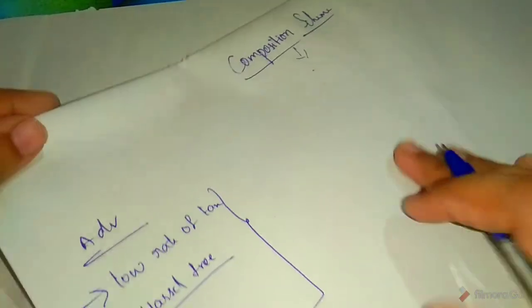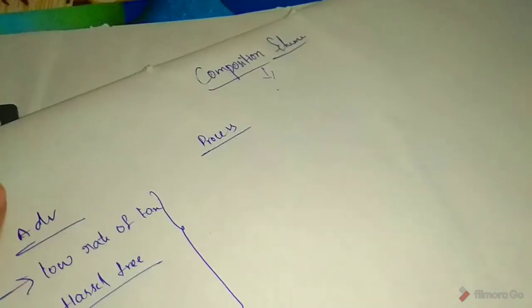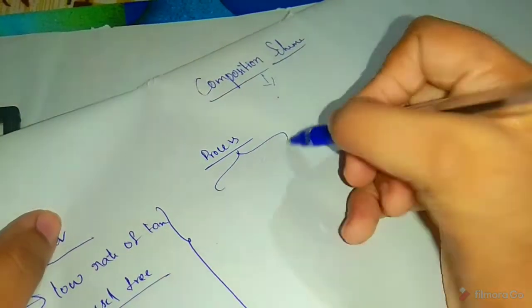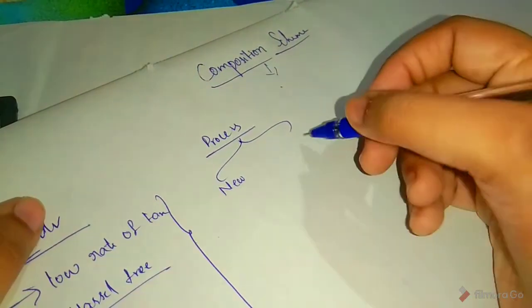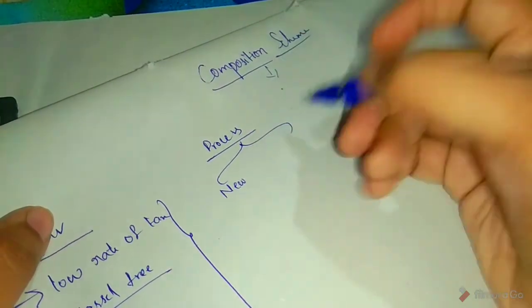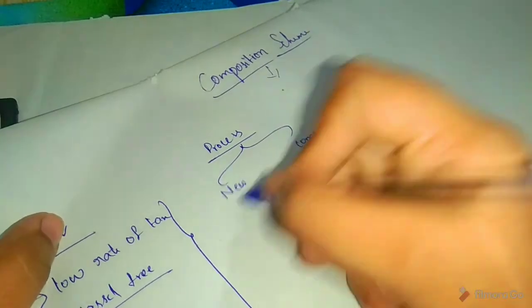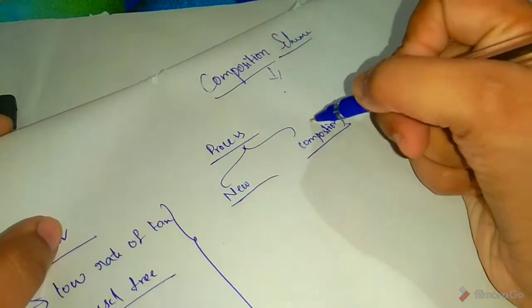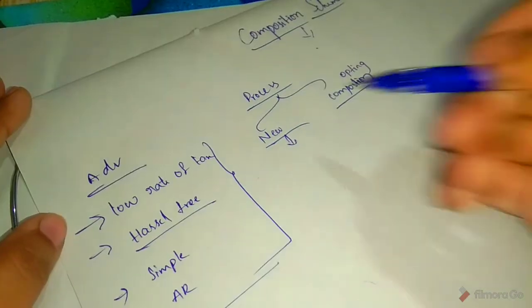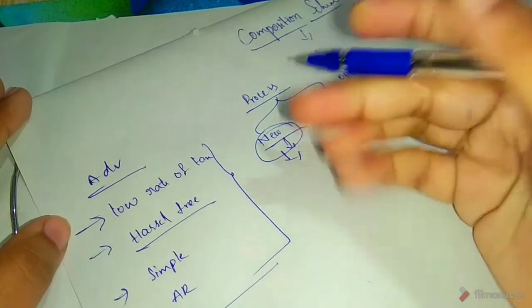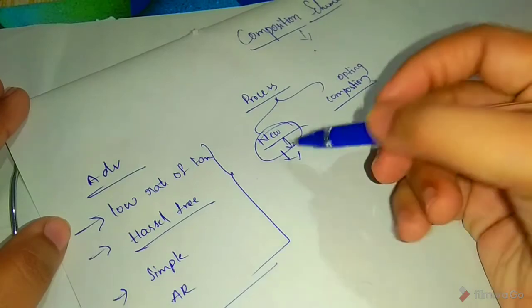And next, registration process. See, in this, new registration and registered person opting for composition scheme. Okay. Here, in new registration, the effective date of registration is from the date of intimation in the registration form.